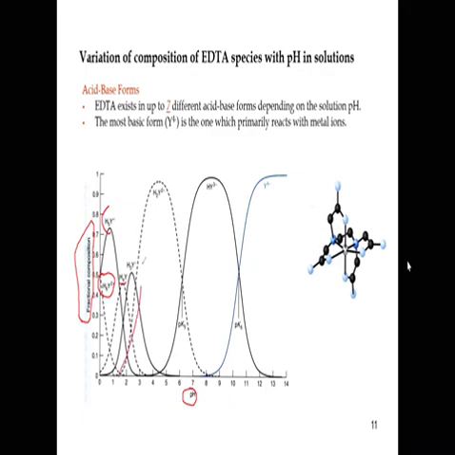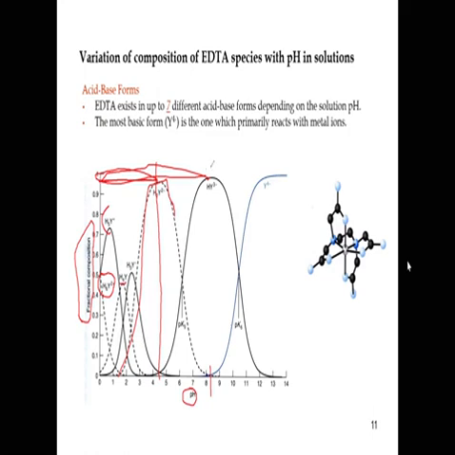This is the other species, H2Y2 minus, and its maximum is somewhere here, right? At that particular pH, its fraction is very close to 1, at about 9.5, right?